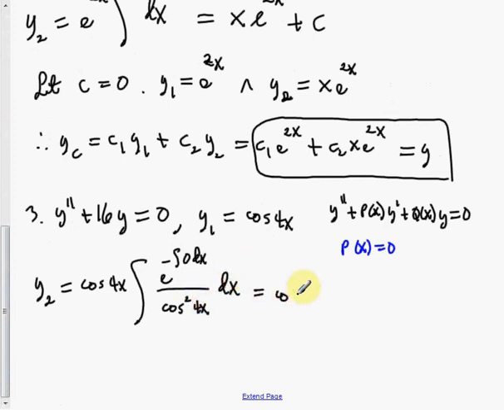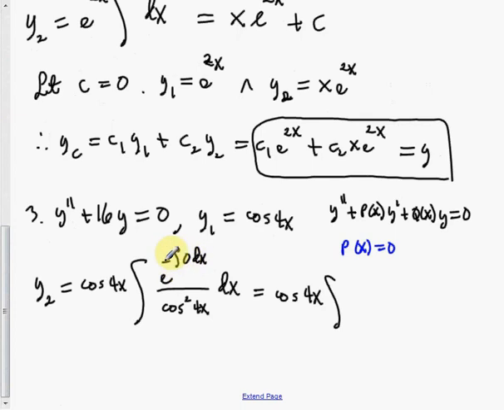So we get cosine 4x times the integral. I'm integrating 0, so I don't have anything.